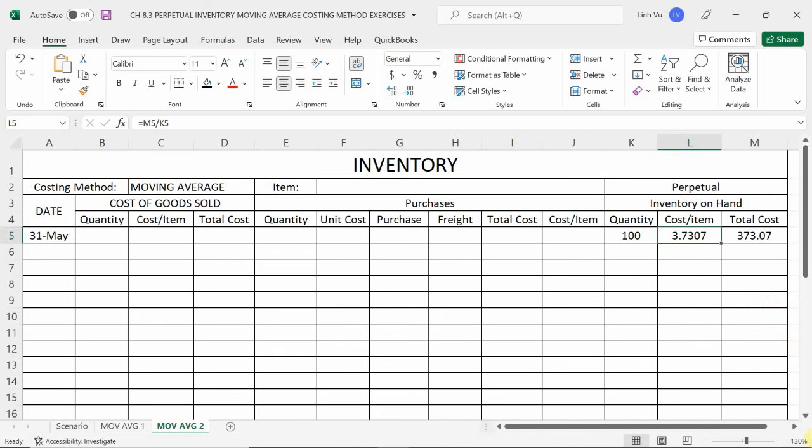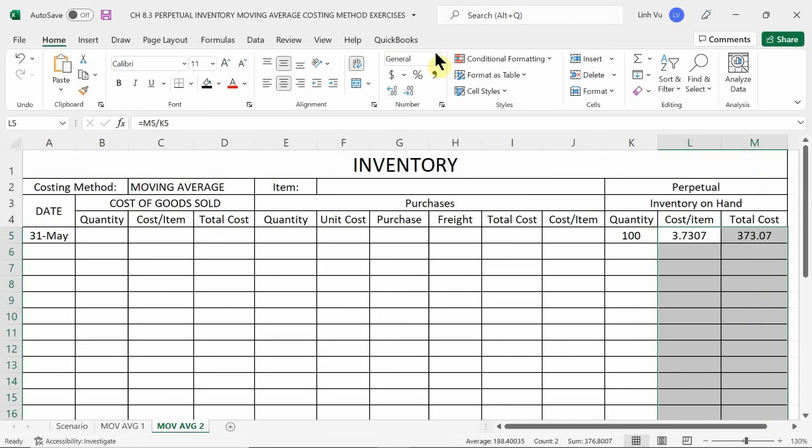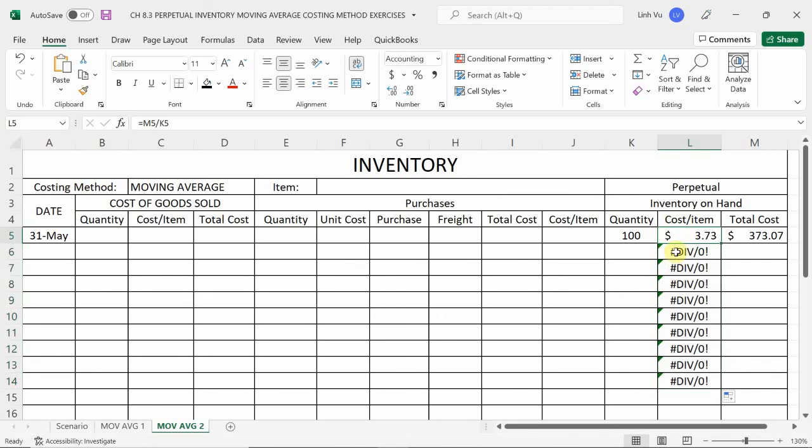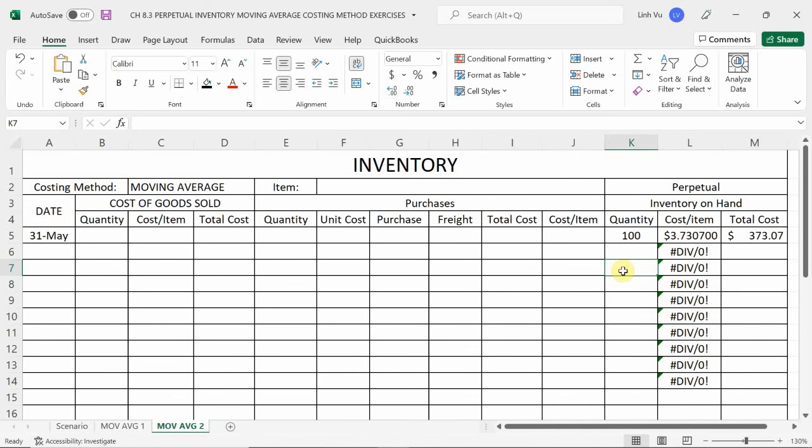So right now it's 3.7303. In this case, I'm going to drag this formula down to copy and paste it all the way down here. And I just want to make sure that I get to see at least 6 decimal places. So there you go. I begin my inventory with the 100 units that I carry on from the previous month.